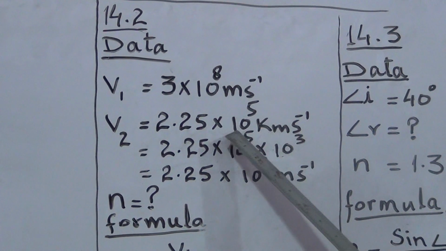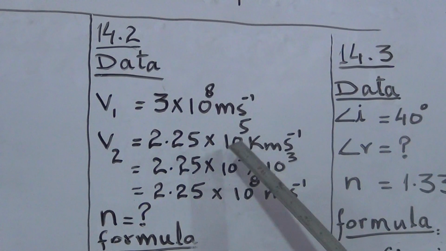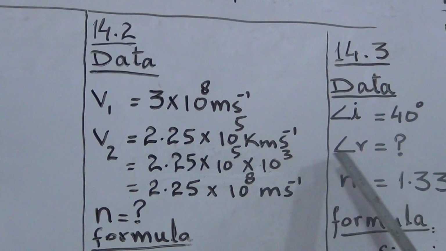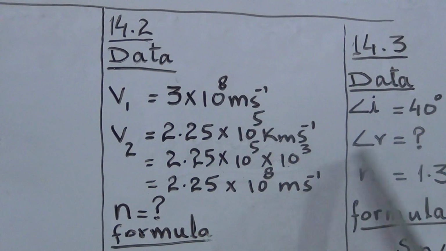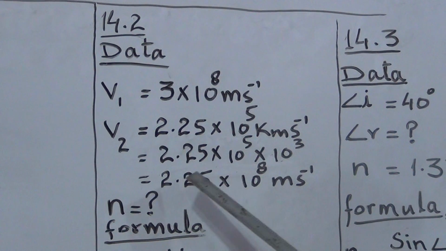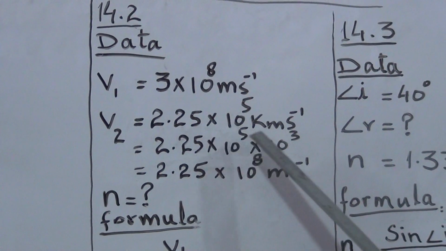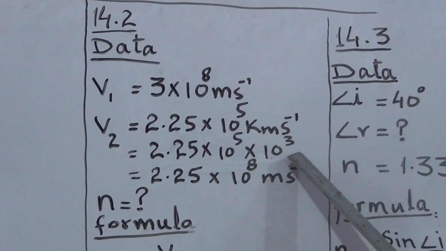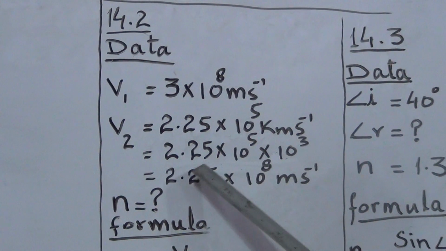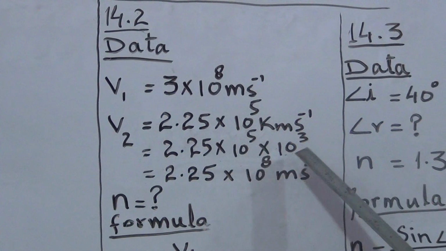Now you will change the kilometer into meter, because in the SI system the unit of length or distance is meter. 1 kilometer has 10 raised to power 3 meter.